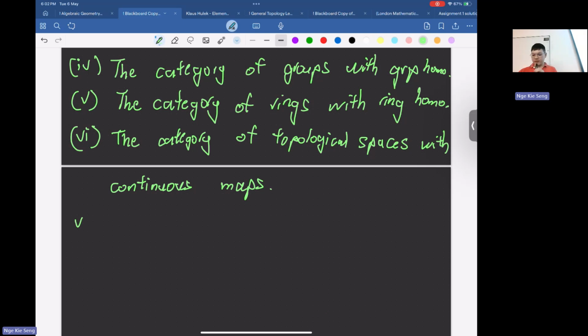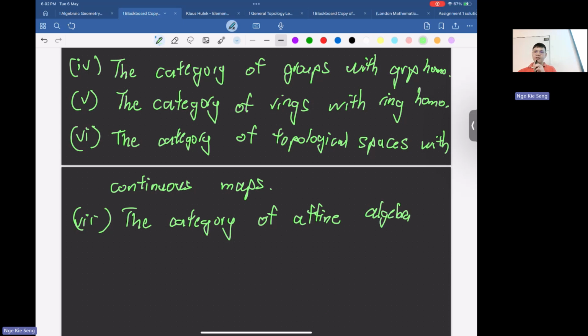And in this course in particular, what we're going to learn is the category of affine algebraic sets, at least in this section. What are the maps here? What are the maps we keep talking about just now?